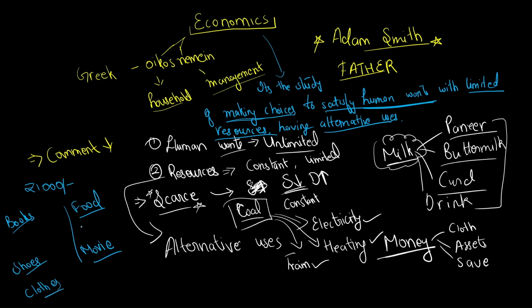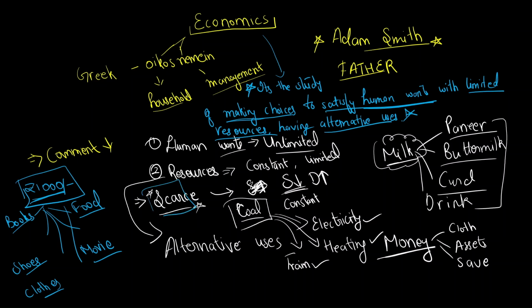So, economics is the study of making choices from these human wants with your limited resource, and this resource having alternative uses. I hope it's clear. Nothing much, just learn this definition. Economics is the study of making choices to satisfy human wants with limited resources having alternative uses.